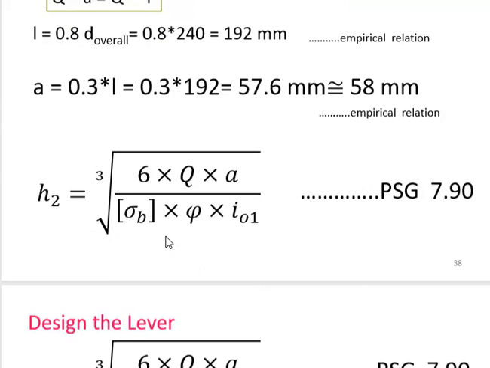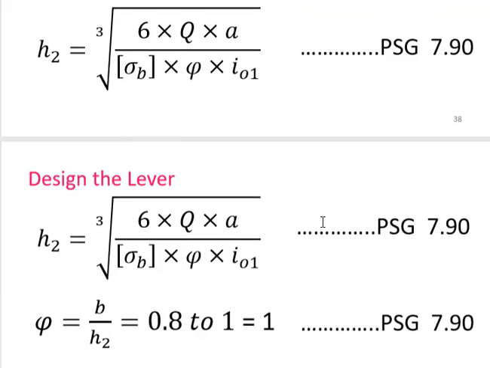To find out H2, this particular formula is given in the design data book. That is cube root of 6 into Q multiplied by A upon design sigma B multiplied by psi multiplied by I01. Now we know many parameters in this equation.